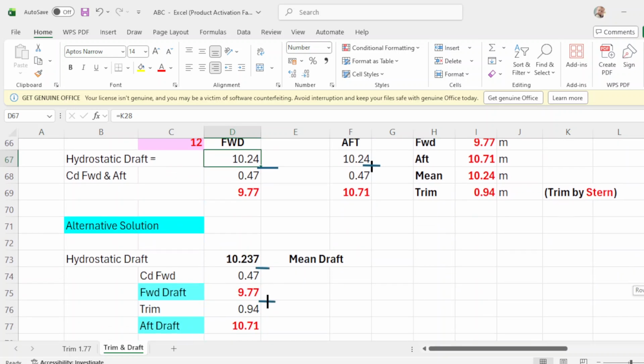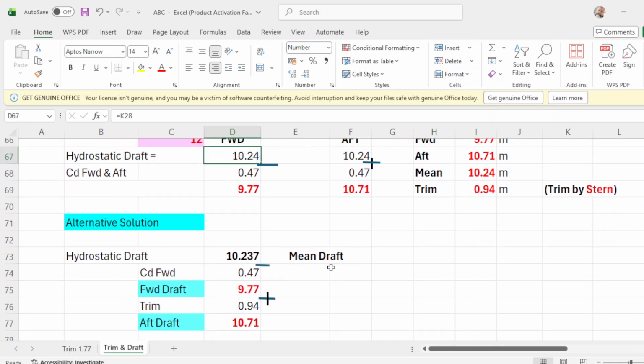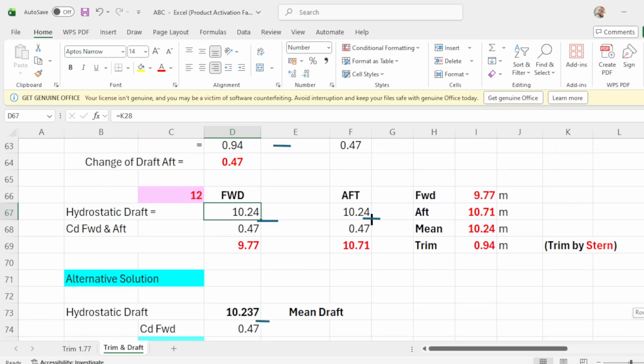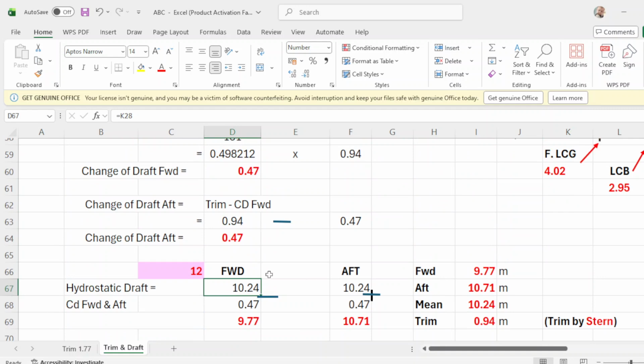Then another solution, with your mean drop, subtract your change of drop forward, then your forward drop will be 9.77, plus your trim of 0.94, then your up drop will be 10.71. So this will be your mean drop, okay?